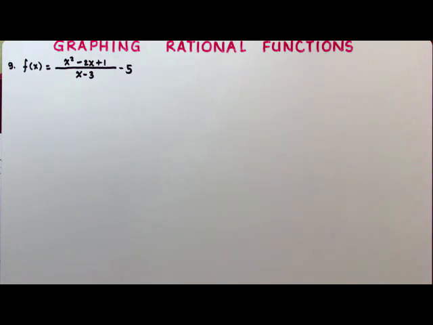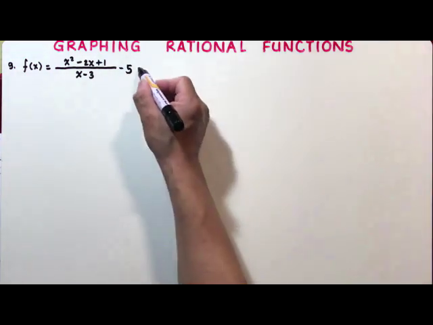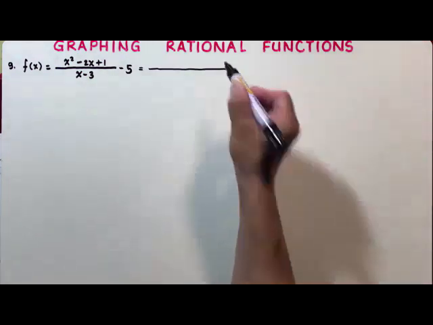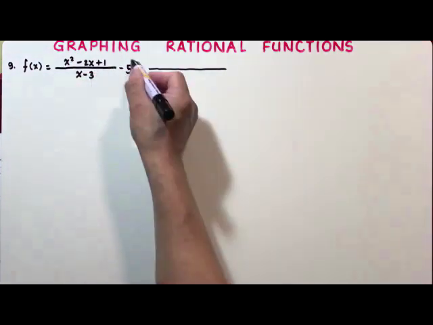So first, let us find out the point of discontinuity of this function, if there's any. To find if there's a point of discontinuity is to find whether it has a common factor between the numerator and the denominator. And to know whether there is a common factor is to combine this fraction with this whole number.